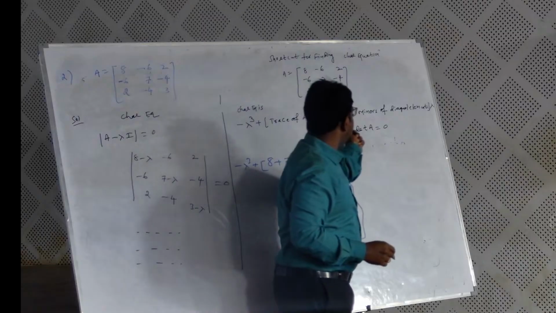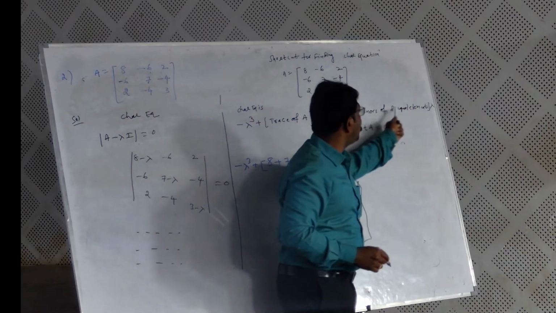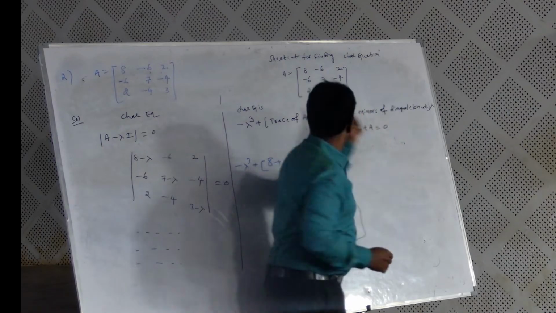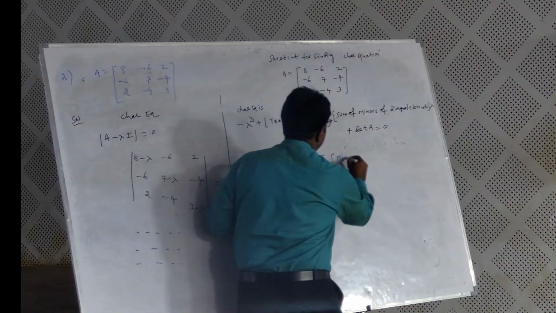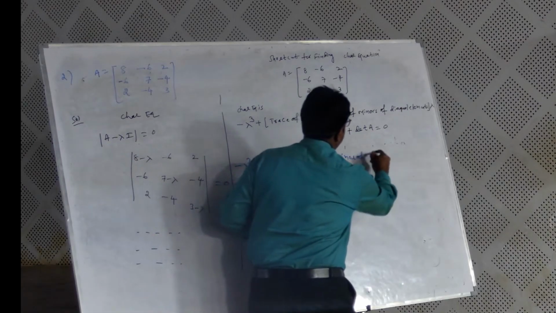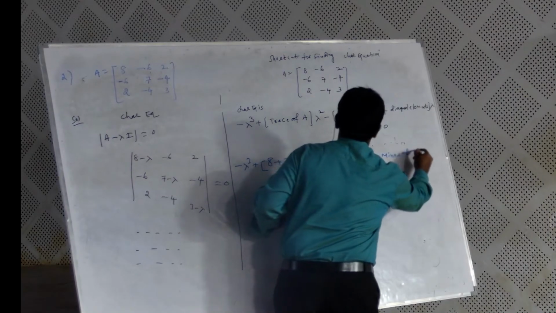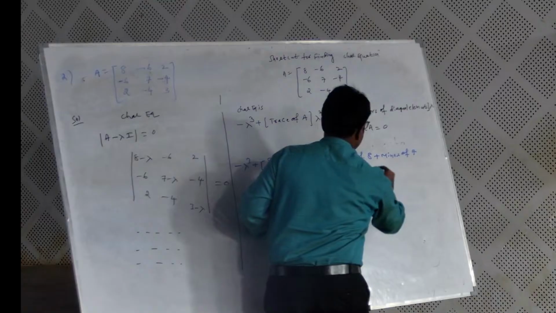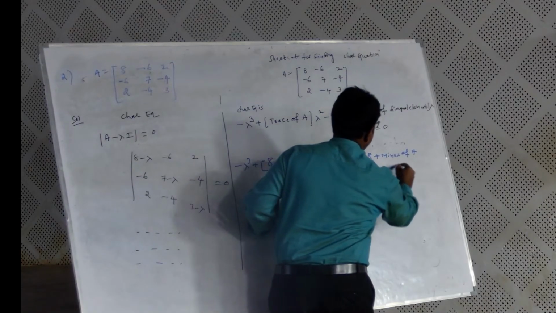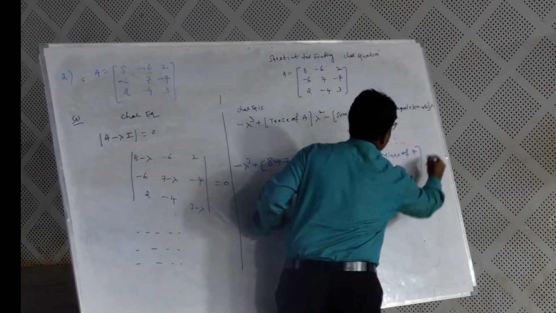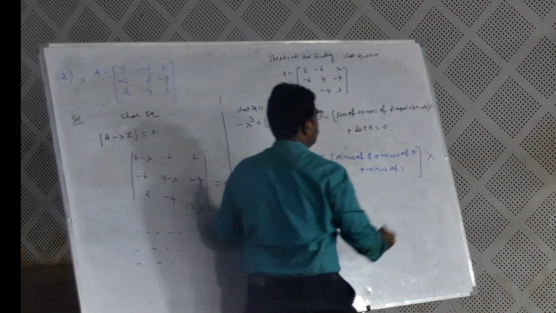Next, what is this term? Sum of the minors of, once again, which elements? First diagonal element, minor of 8 plus minor of 7 plus minor of 3 into lambda.